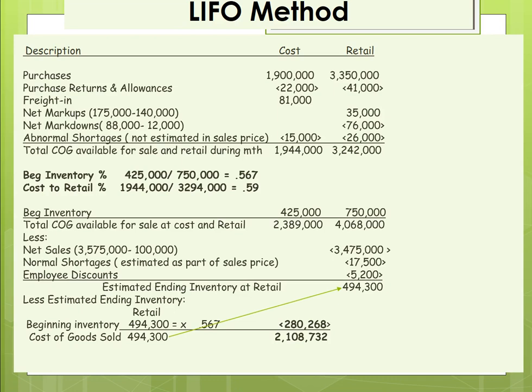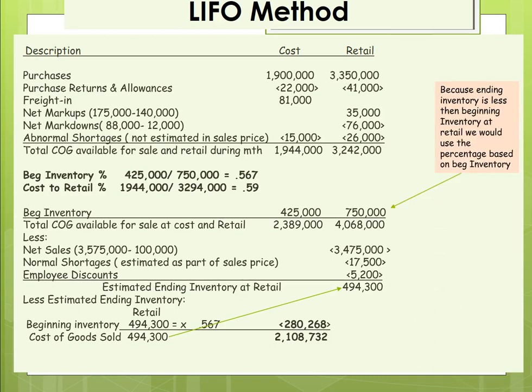And remember that the total at retail has to equal the estimated ending inventory at retail, and I'll show you that in the next problem. Now in this problem, because the ending inventory is less than the beginning inventory at retail, we would use the percentage based on beginning inventory.